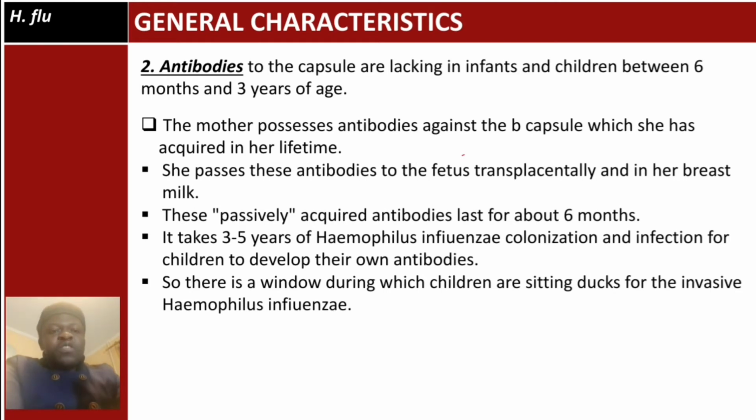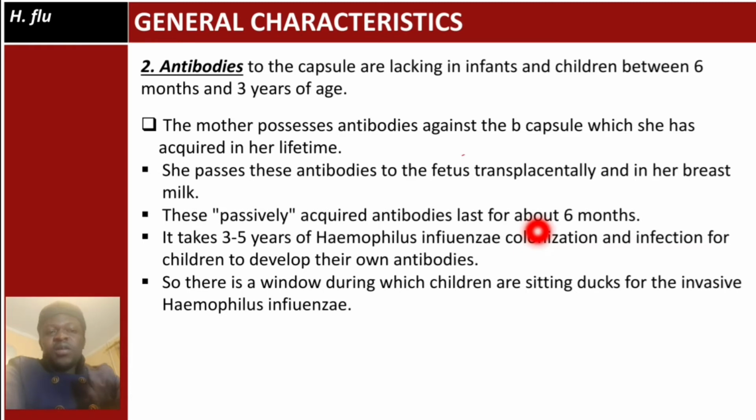The mother possesses antibodies against the B capsule, which she has acquired in her lifetime. She passes these antibodies to the fetus transplacentally and in her breast milk. These passively acquired antibodies last for about 6 months.